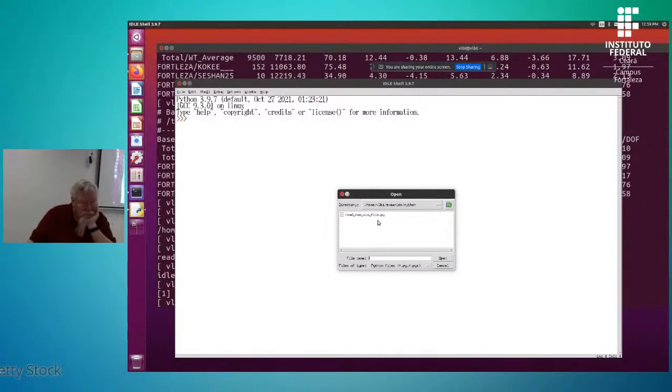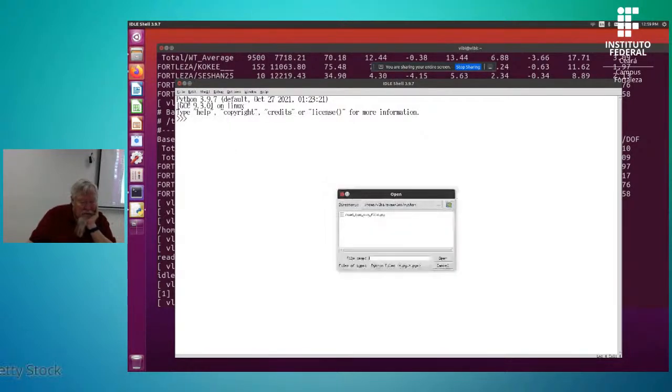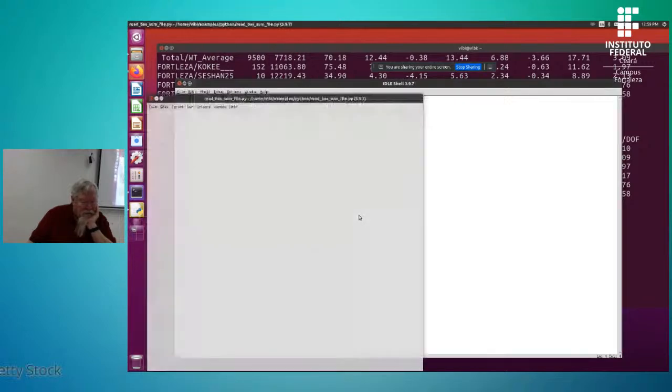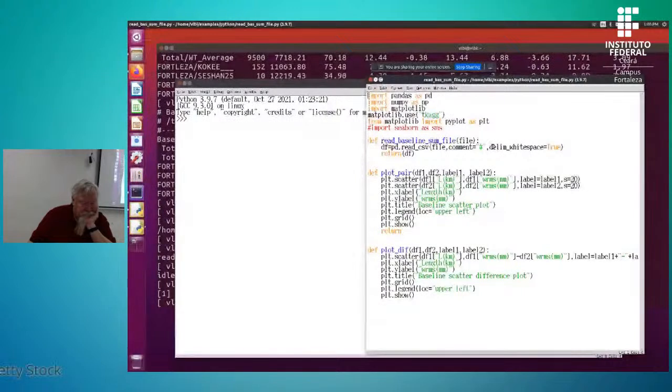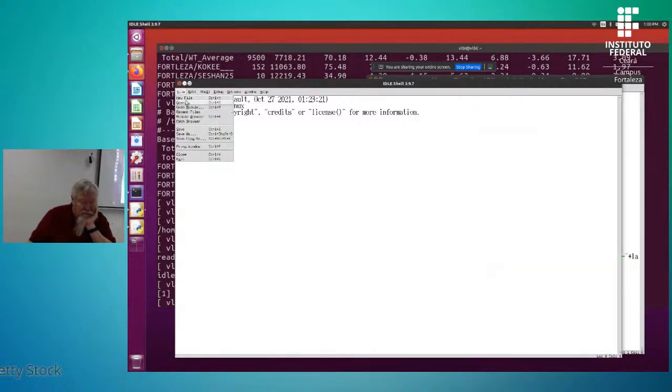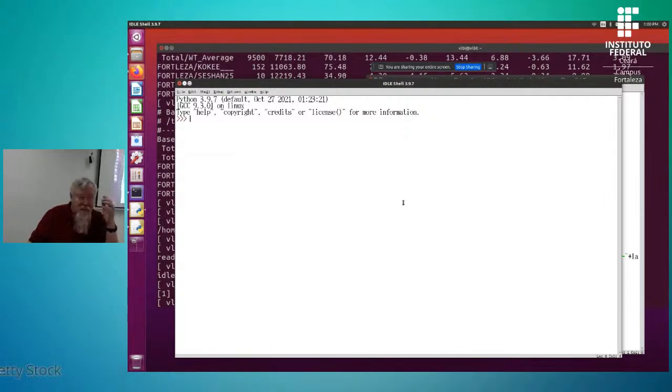Then you want to go to open, and there's this Python script there that you're going to open. What's the name of that? There's only one Python script there, so if I open it, it should just list that file. No, you need to be in the Python directory.